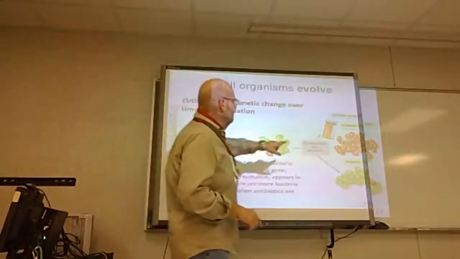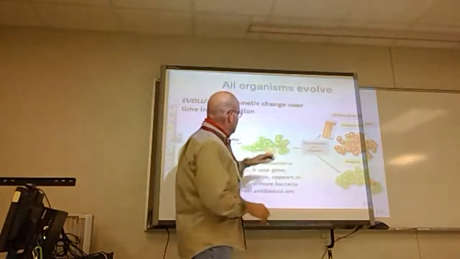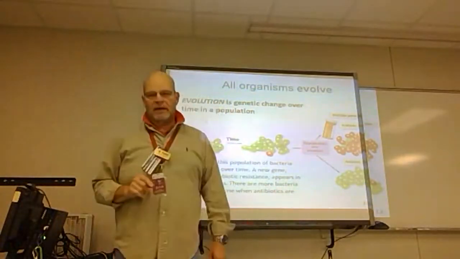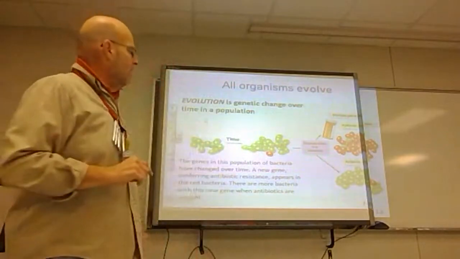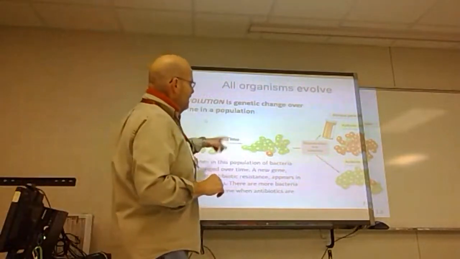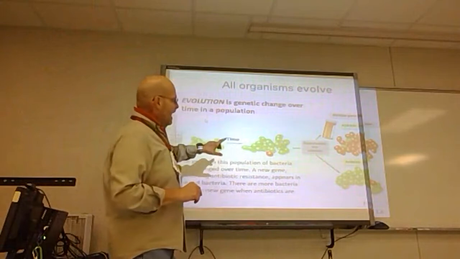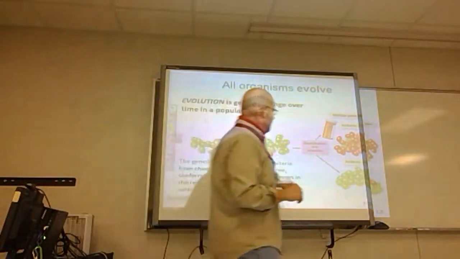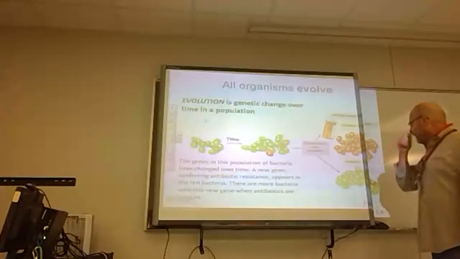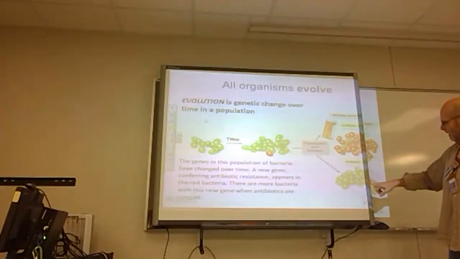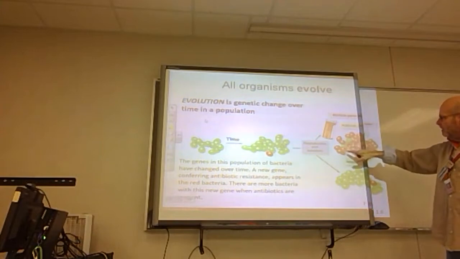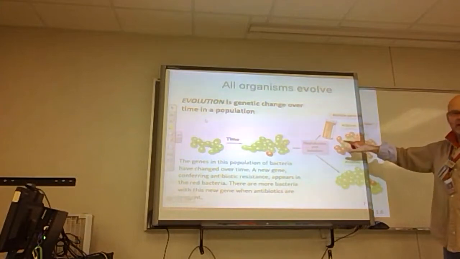In other words, this antibiotic here is going to eliminate all the green ones, but it's not going to eliminate the red one. So, as more and more time goes on, what happens to the number of red ones as opposed to the number of green ones? If you look over here, we still have a whole lot of green, but over here, we've got a whole lot of red.